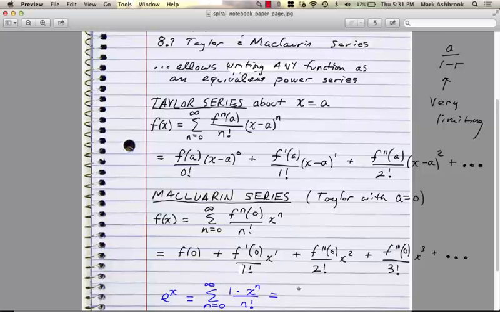So this power series, in other words, is 1 plus x plus x squared over 2 factorial plus x cubed over 3 factorial, which is 6, plus x to the 4th over 4 factorial, which is 24.